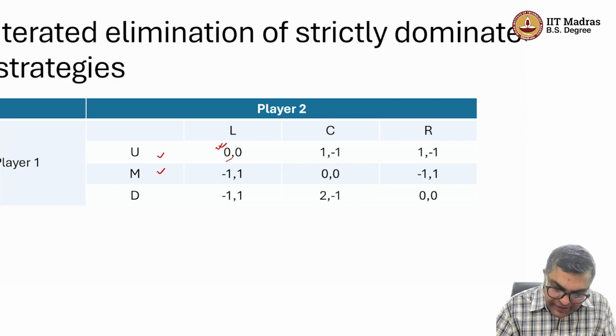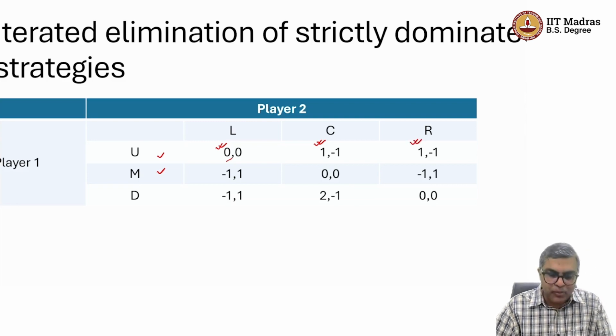When player 2 is playing C, then U gives 1 and M gives 0, so U is better. And when player 2 is playing R, then U gives 1 and M gives -1, so U is better. No matter what player 2 is doing, U always gives more to player 1 in comparison to M, so we can say that U dominates M.